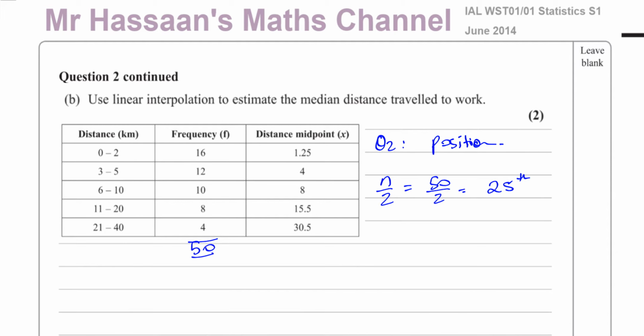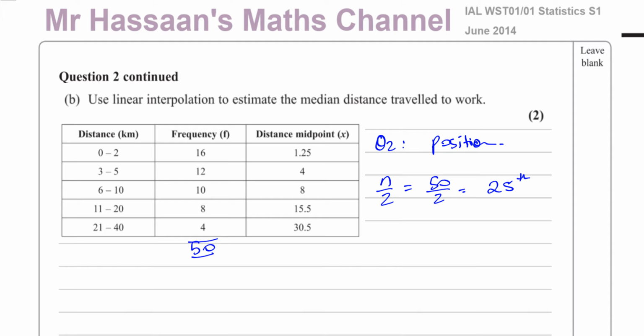Now, if it was data that was not grouped, if we had the actual values of everything, then 50 over 2 gives you 25, but there's an even number of entries, so there are two middle entries, so I'd take the 25th and the 26th entry. But in this case, I'm just going to take 25 because it's grouped data and we don't know the exact values of the data, and this is one of the methods we could use.